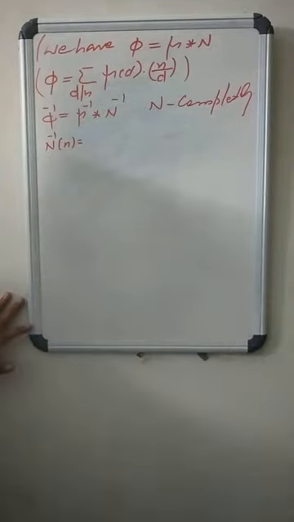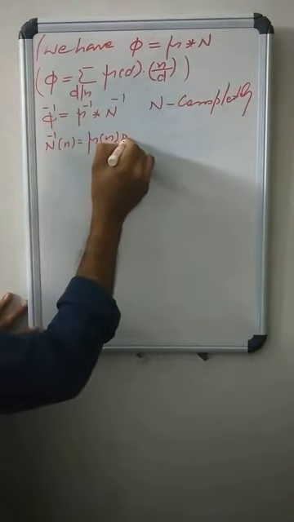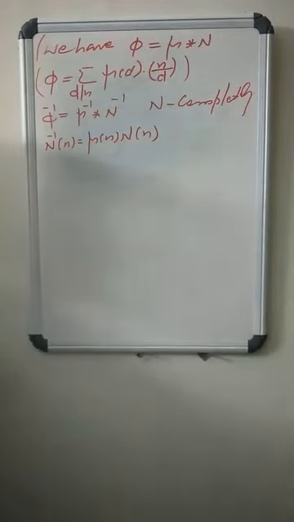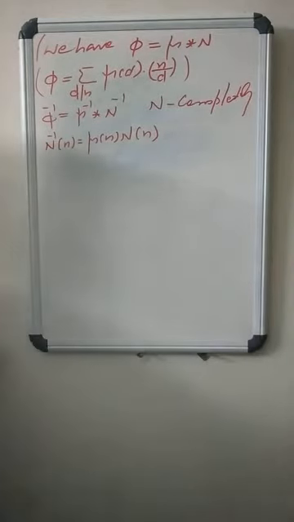N inverse of n equals mu of n into N of n. By the previous theorem, if f is a completely multiplicative function, then f inverse of n equals mu of n into f of n.